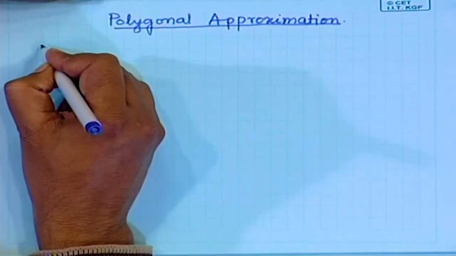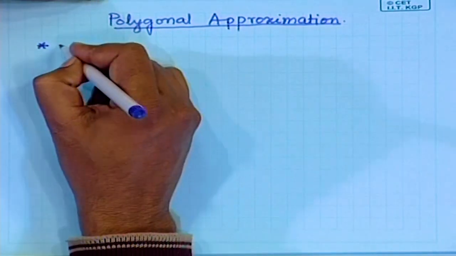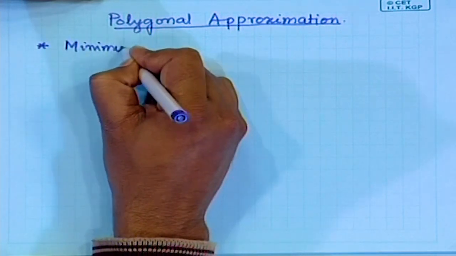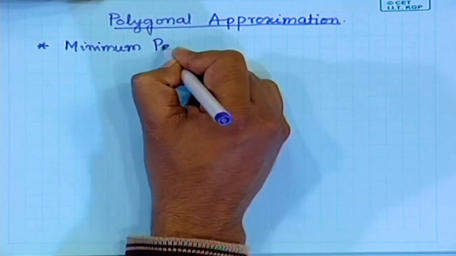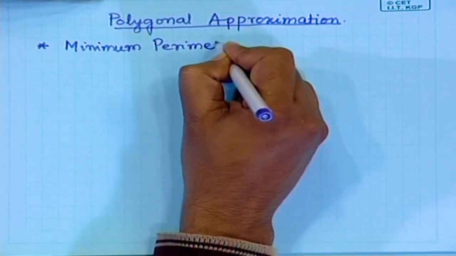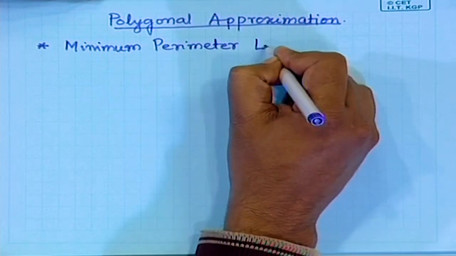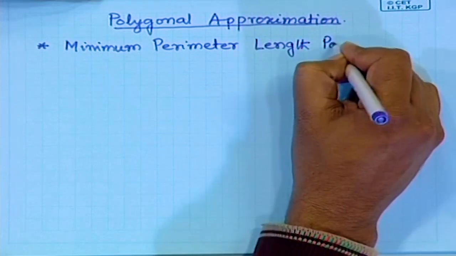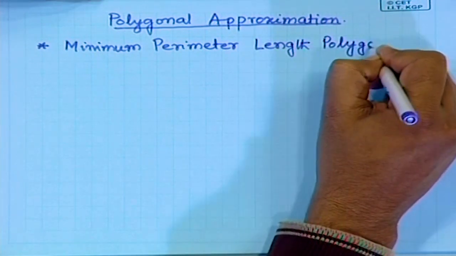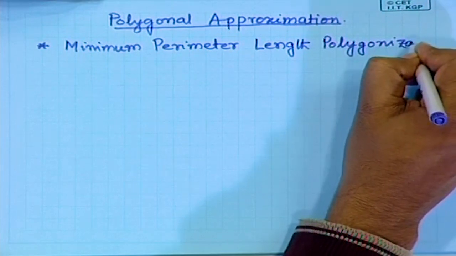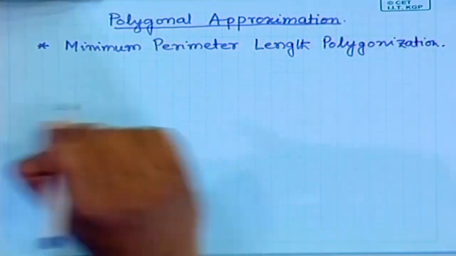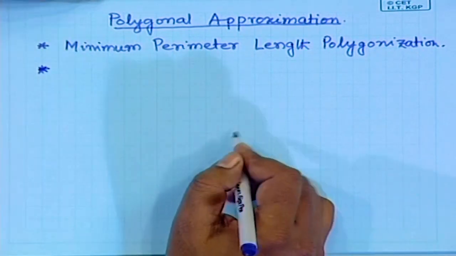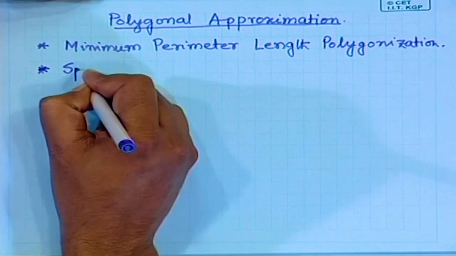One of them is called minimum perimeter length polygonization.